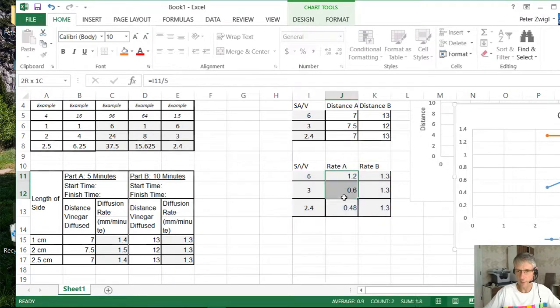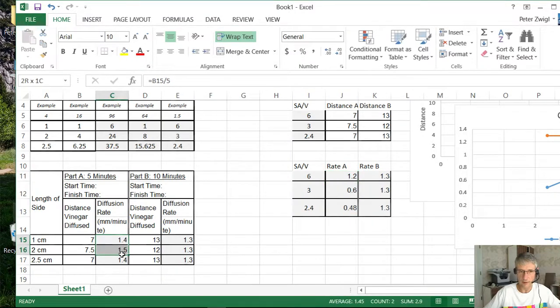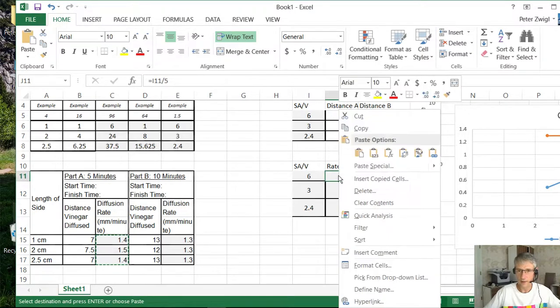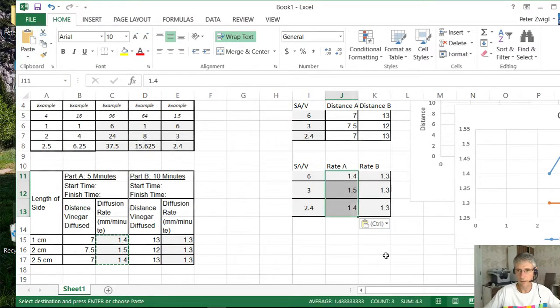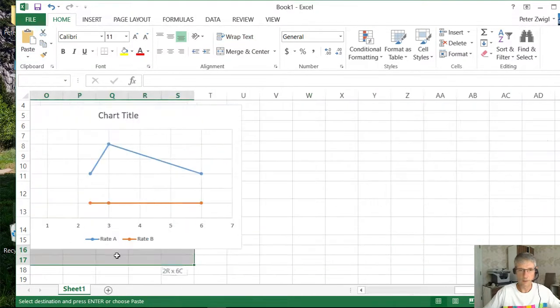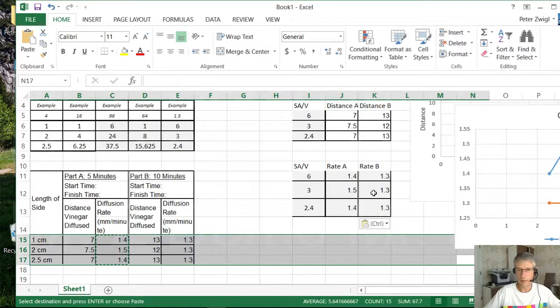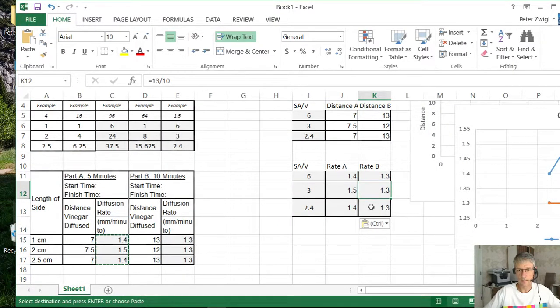So obviously I made a mistake here, so I need to insert the values. Oops, a good learning. So I go back here, control copy, and then here I say right click, or you go up here and paste, and you say values. Okay, and now it looks like that. I like that much better. The 13, I made a mistake there too, huh?